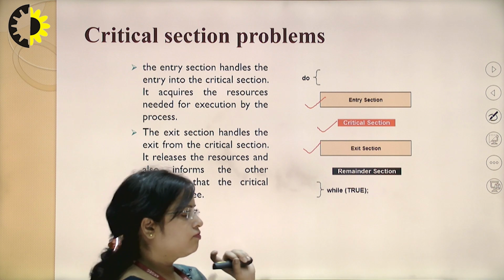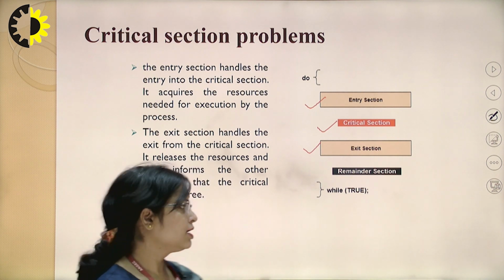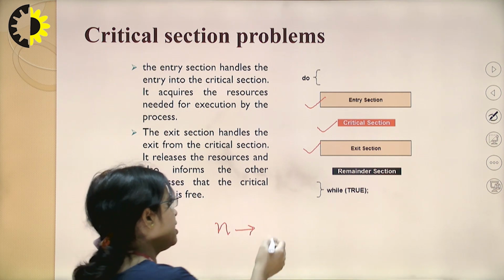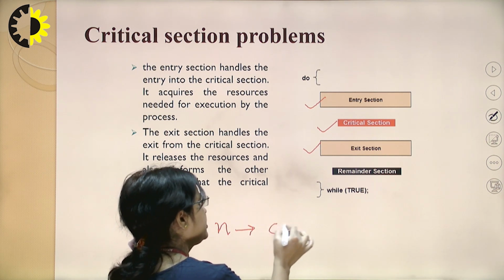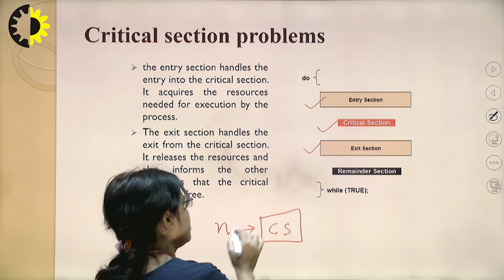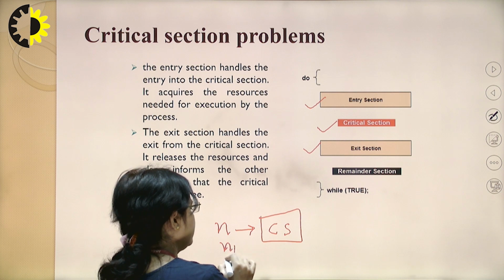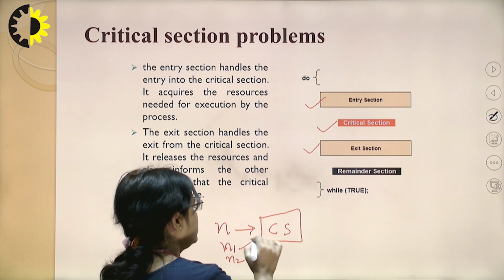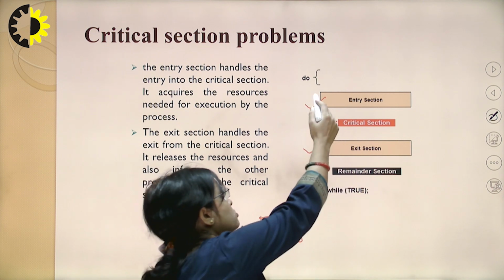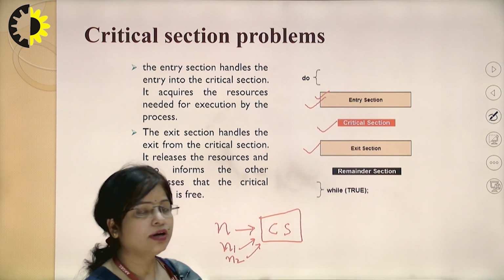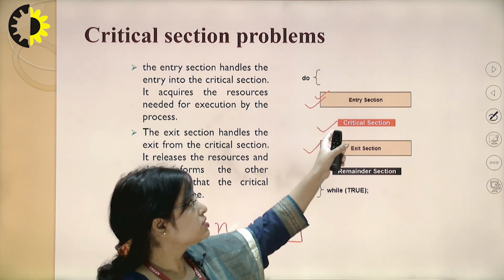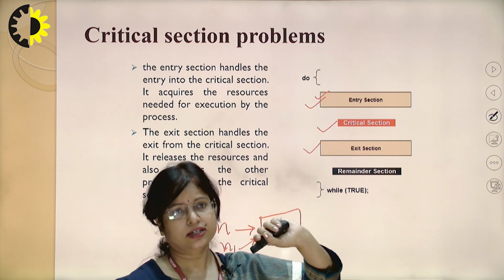So if n number of processes, n1, n2, and so on, are trying to enter into the critical section, all the processes first execute the entry section code. After executing the entry section code, these processes can enter into the critical section.